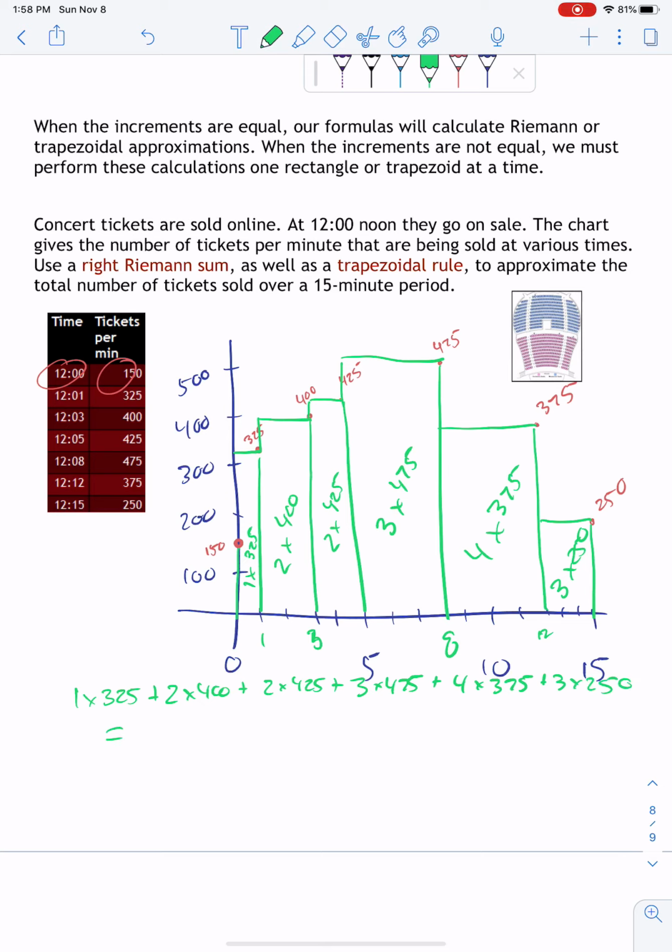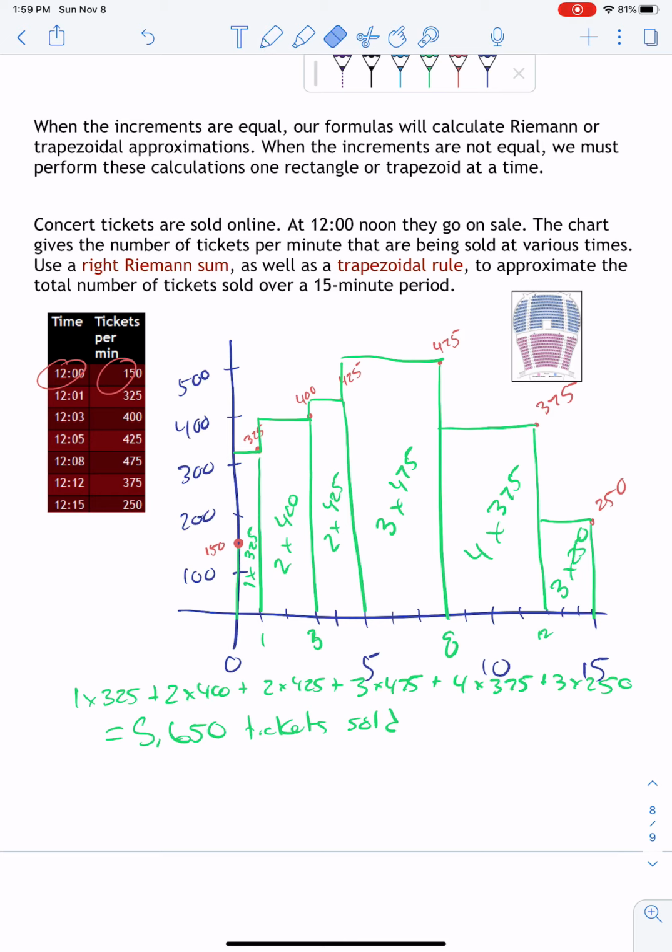And when we add all of those together, I believe we come up with 5,650 tickets sold. All right. So that's my right Riemann sum. I use the right endpoint to make my rectangles. They're not all the same rectangle because it's based on different measurements.